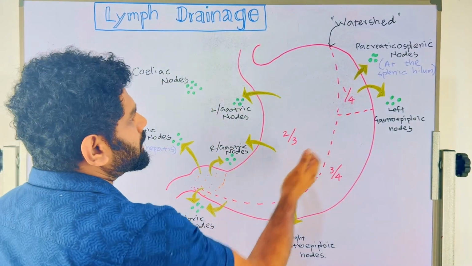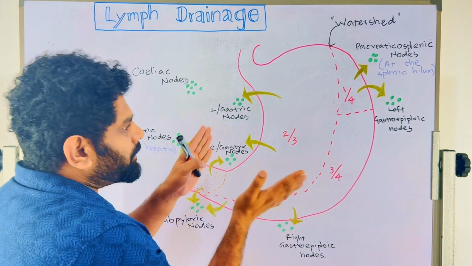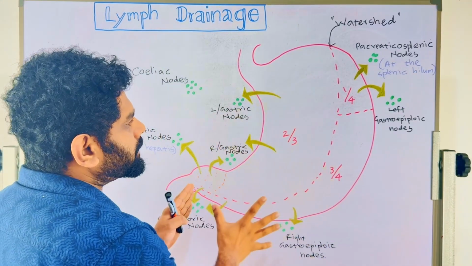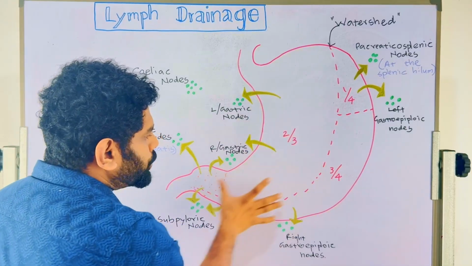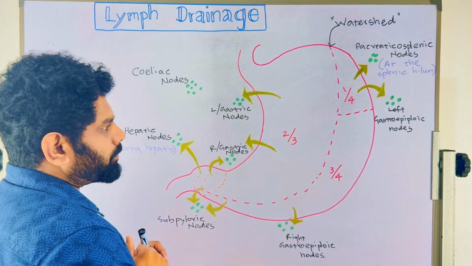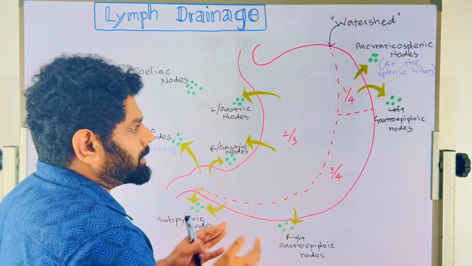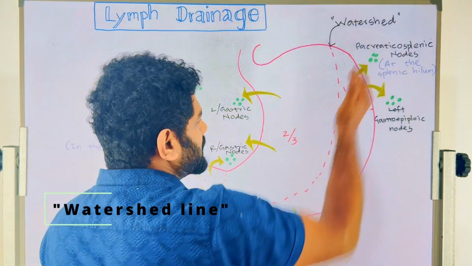Let's say there is a line which is parallel to the greater curvature, which is dividing the surface of the stomach into larger 2/3 area and lesser 1/3 area. This demarcation is called as the watershed.